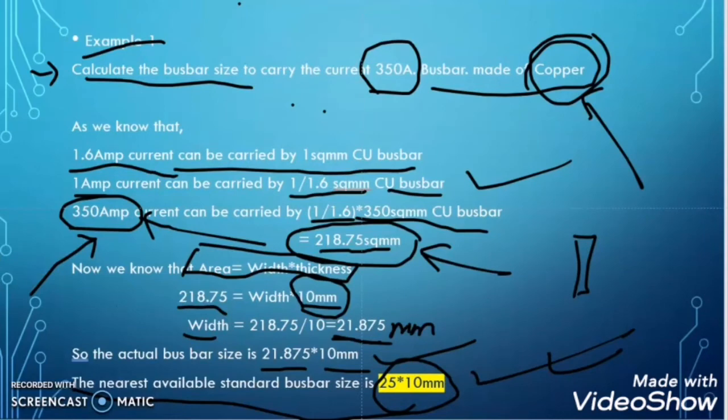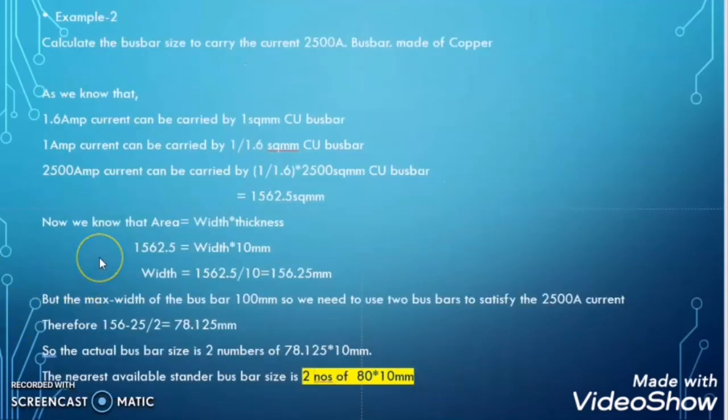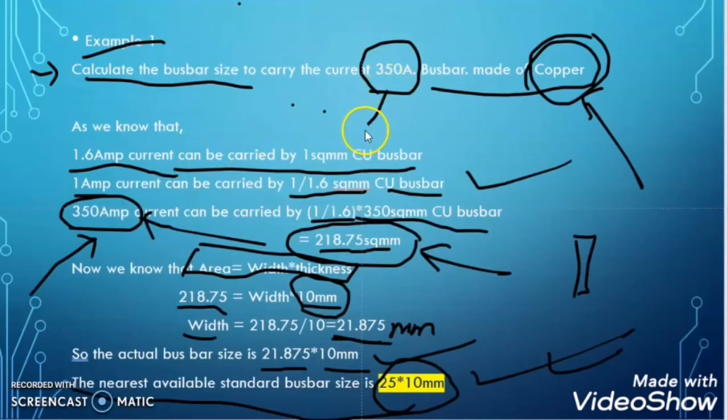Now let us take another example to have a better understanding. Let us calculate the bus bar size to carry a current of 2500 ampere, and the bus bar is made of copper. In our previous example, we calculated the size of the copper bus bar to carry 350 ampere of current.